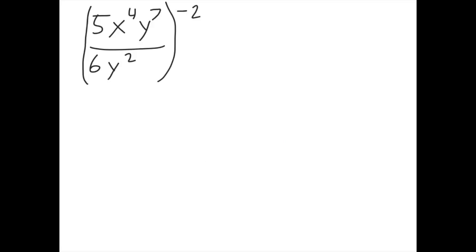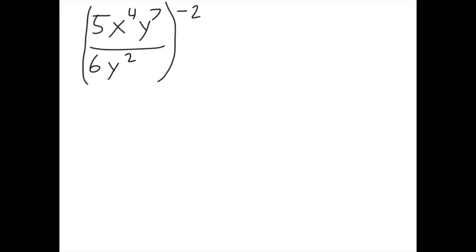Alright, let's do one more example. Here we have 5x to the 4th y to the 7th, divided by 6y squared, all raised to the negative 2. Remember when I said if you're raised to a negative exponent, the first thing you do is flip this entire fraction. Flip it upside down.